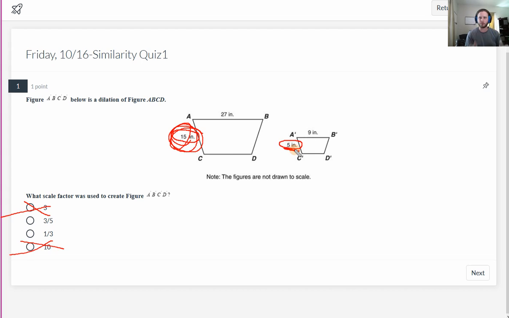That is a gross oversimplification of what it really is, but if you are struggling with this unit, you can get by with that knowledge. So a scale factor is what do I multiply the original number by to get the new number. In this case, 15 times something gave me 5. Is it 15 times 3/5 or 15 times 1/3?